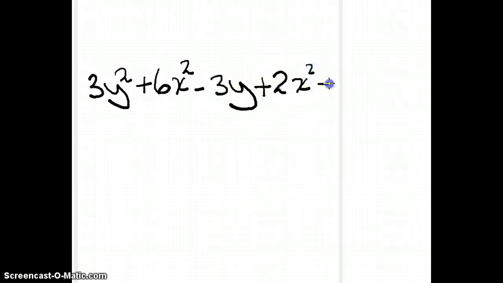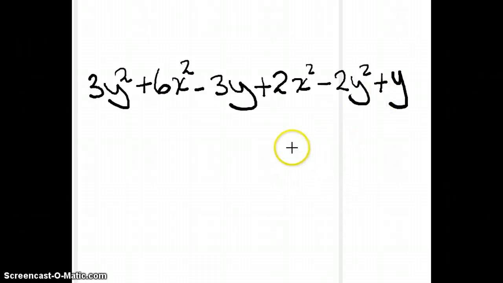Let's do one last complicated one, and then we'll call it finished for the evening, because combining like terms is very straightforward. So we're going to do 3y squared plus 6x squared minus 3y plus 2x squared minus 2y squared plus y.